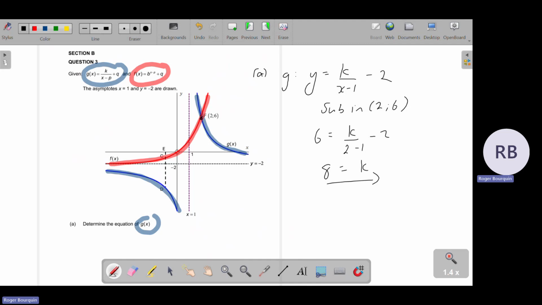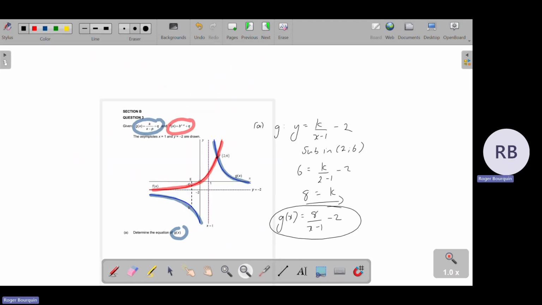That's it, isn't it? Am I correct? Okay, yeah, 8 is equal to k. What is the question? What's the equation of the graph? So your final answer is g of x is equal to 8 over x minus 1, minus 2. We good with that one? Any questions about that?